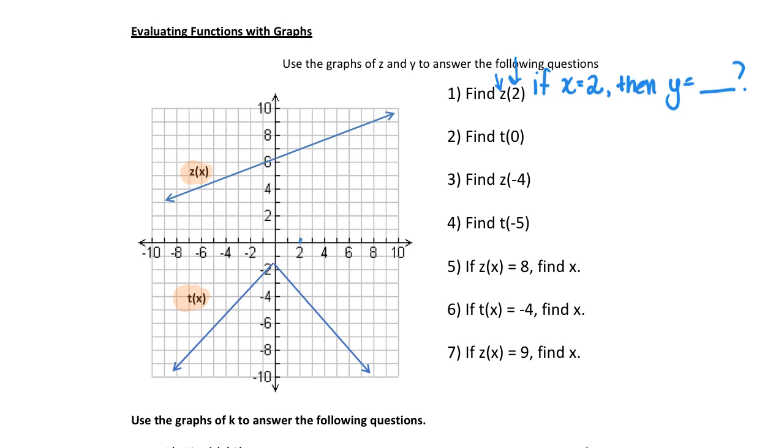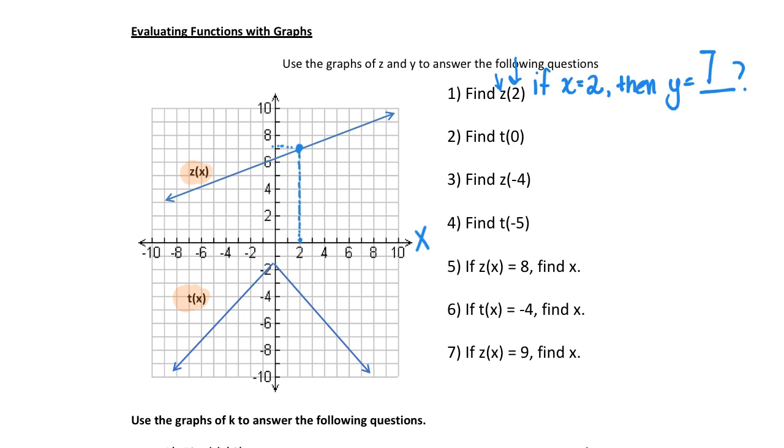So look on your x-axis, remember that's the horizontal one. When x is 2, and we toggle up onto the graph, when x is 2, we have a point on that graph. What specifically is the y value? You should get 7. So z of 2 equals 7 in that case.